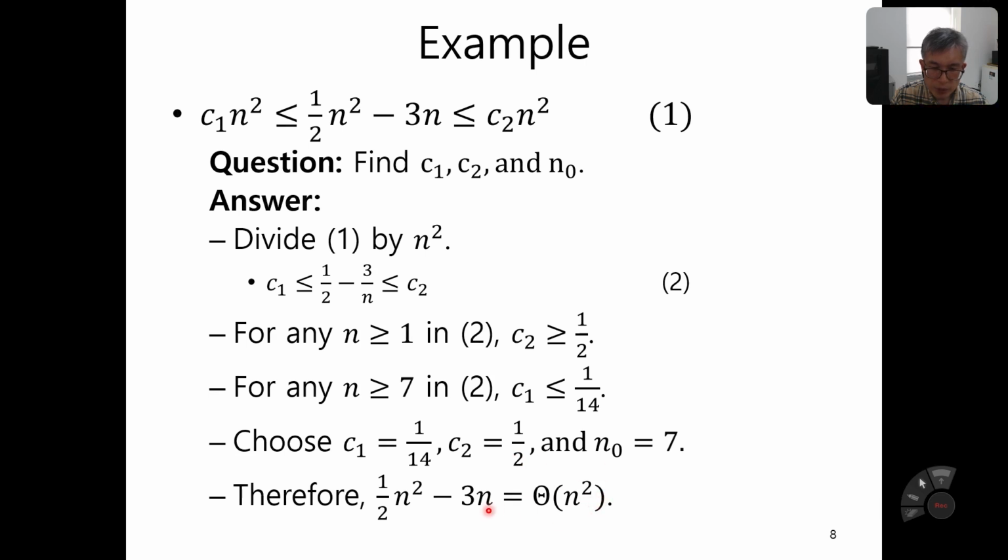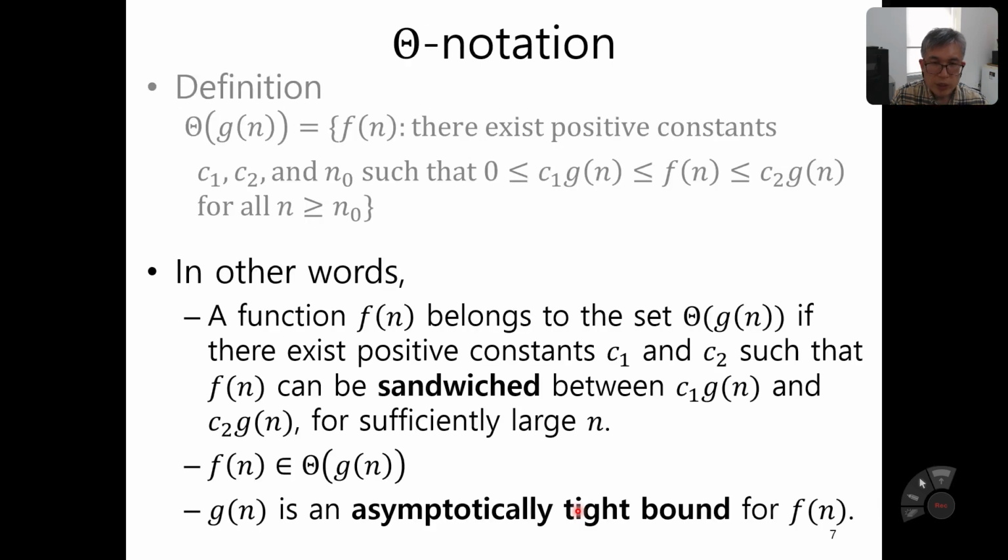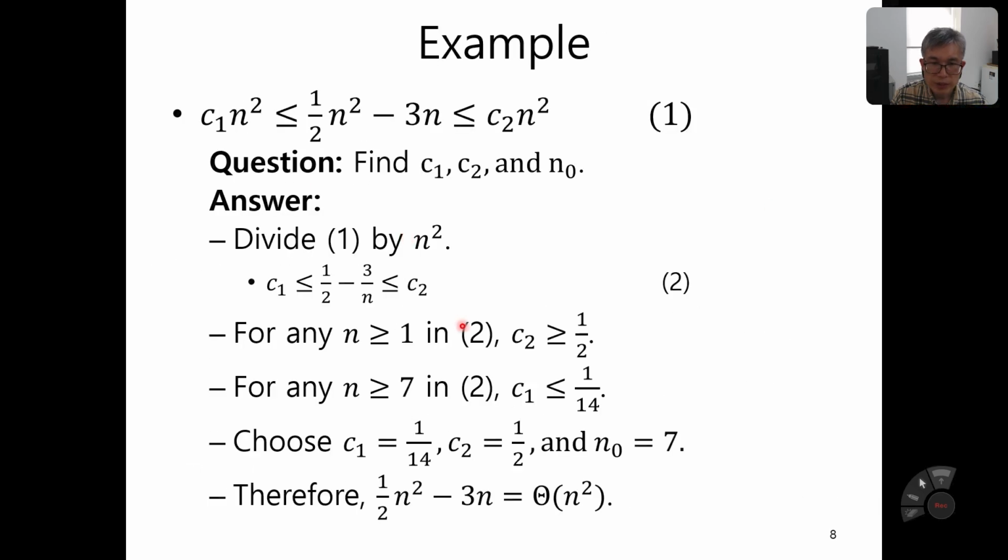So the middle function is f(n), and its time complexity is theta of g(n). You can see we have positive constants c1, c2, and n0, so we satisfy the sandwich bounds. This is theta of g(n).